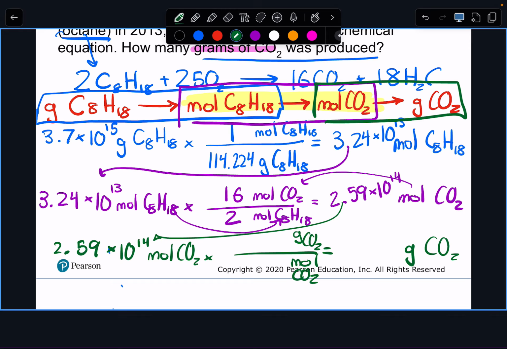Now I'm going from moles to grams, not grams to moles. So the moles is always 1, and the grams comes from the periodic table. For CO2, that's 44.01. So my final answer is 1.1 times 10 to the 16th grams of CO2.